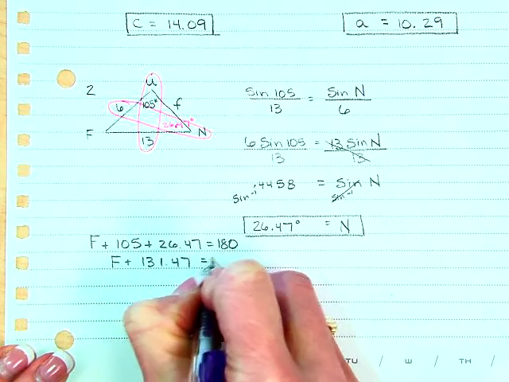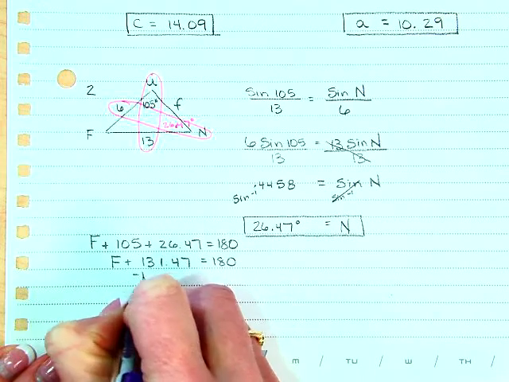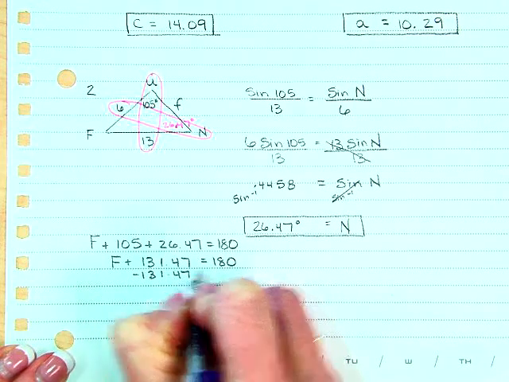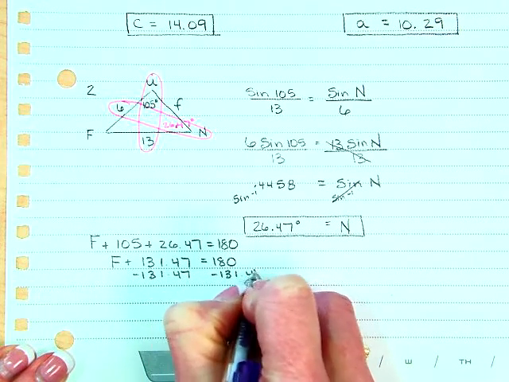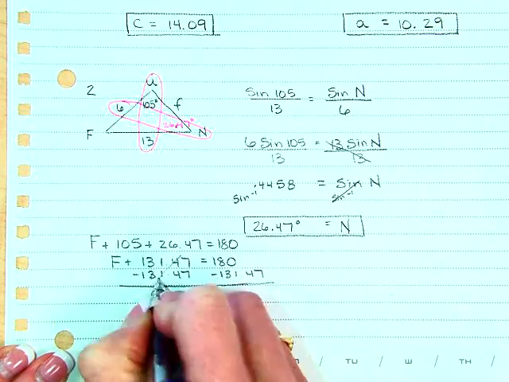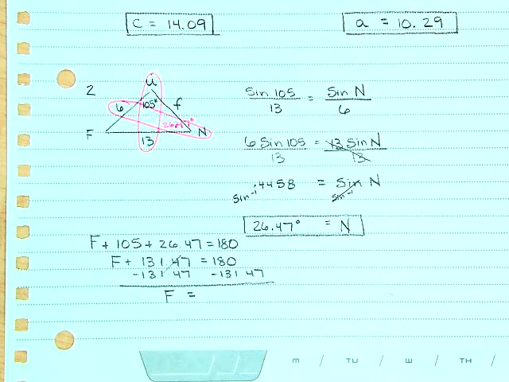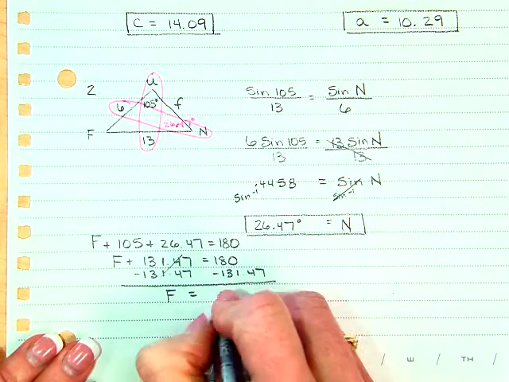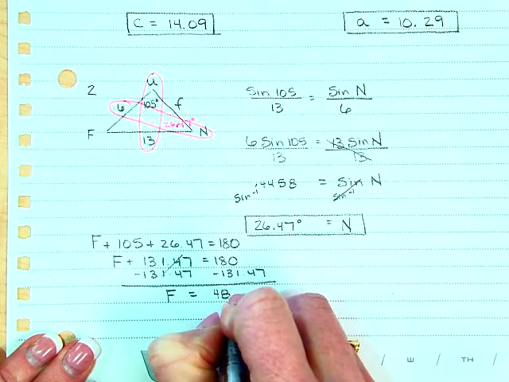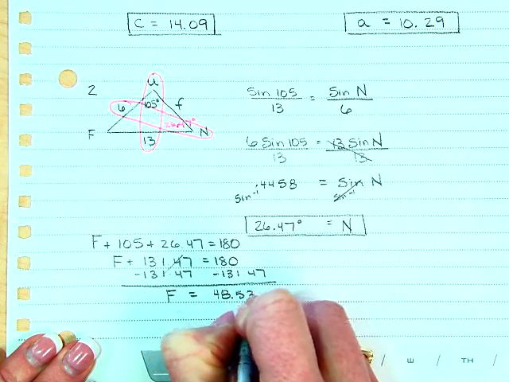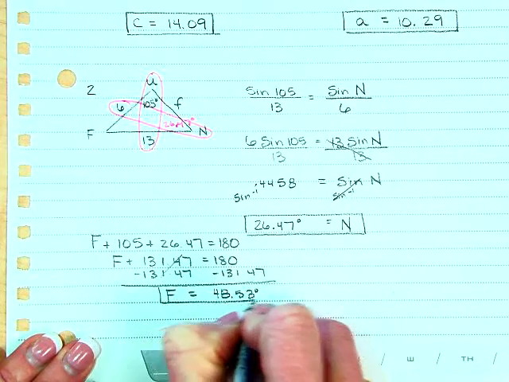That equals 180. Subtract that 131.47 over, and those cancel, so we have that angle F is 180 minus 131.47. And I got 48.53 degrees. Be sure to label angles.